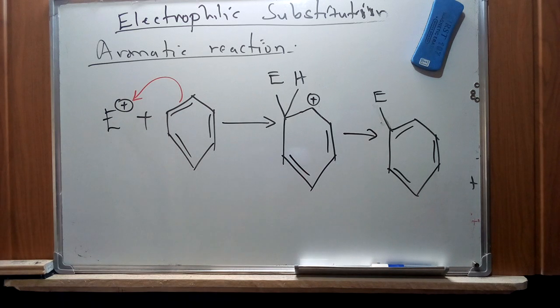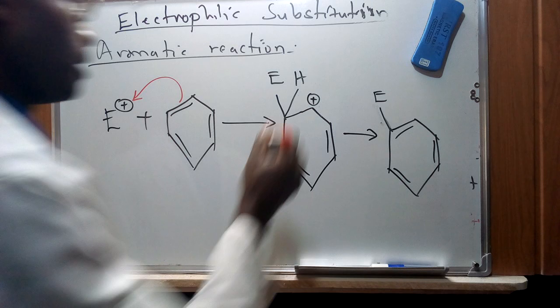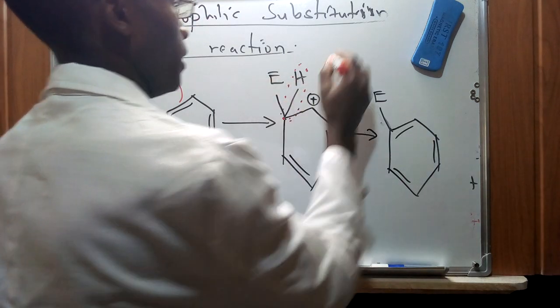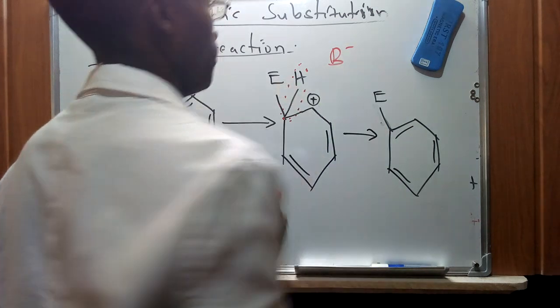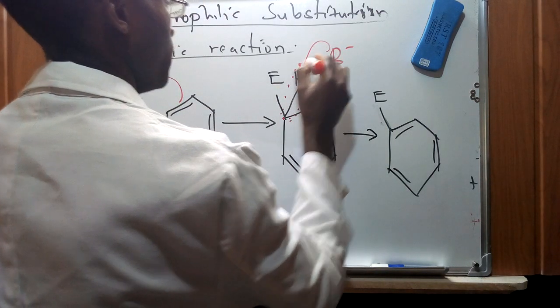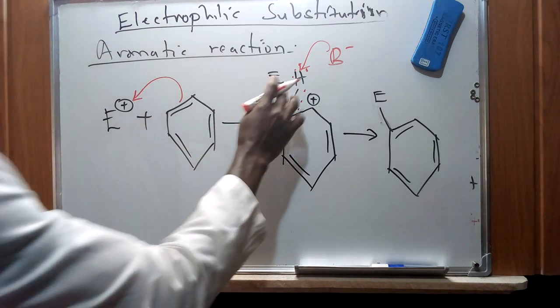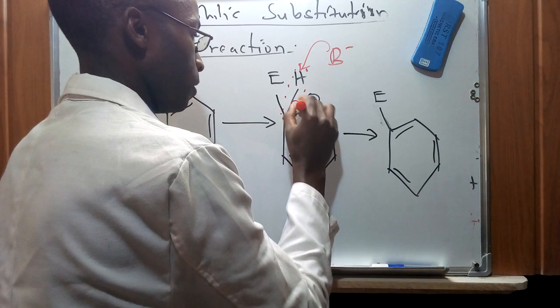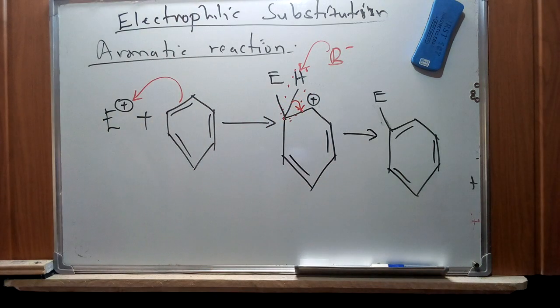So in this case, there is going to be a removal of a proton by breakage of the carbon-hydrogen sigma bond that we are referring to at this particular juncture, so we shall have a nucleophile. Let's refer to that nucleophile as P negative. So we shall have this nucleophile picking this proton at this point, and this bond will break, and then the result is that we move to this particular point to restore what we talked about as aromaticity.